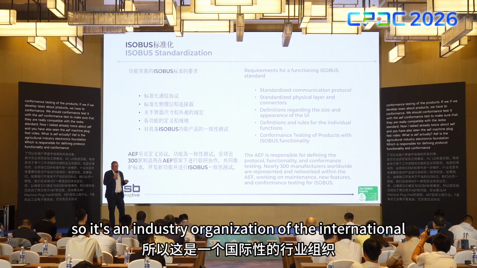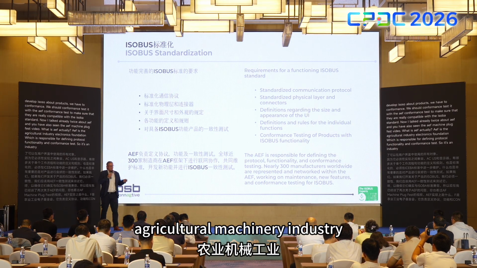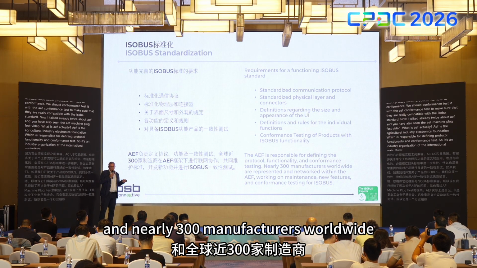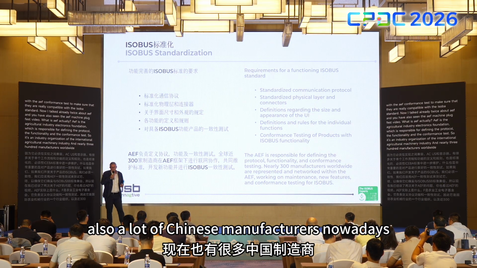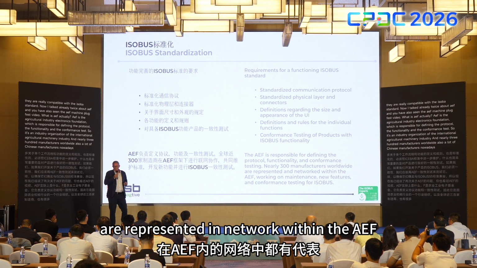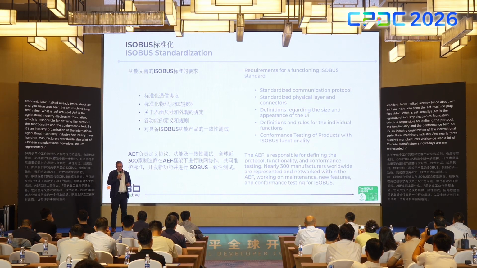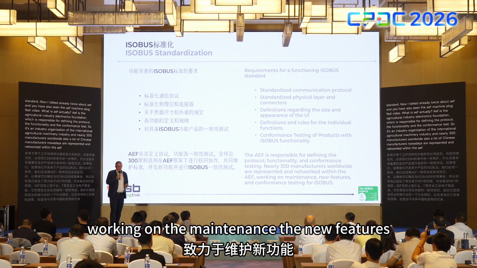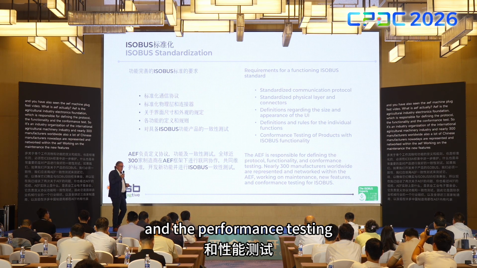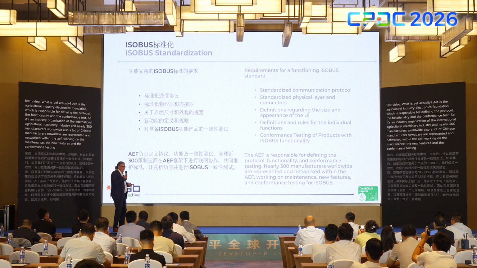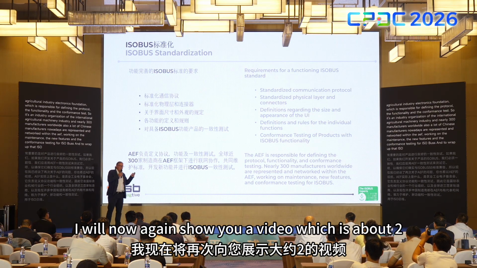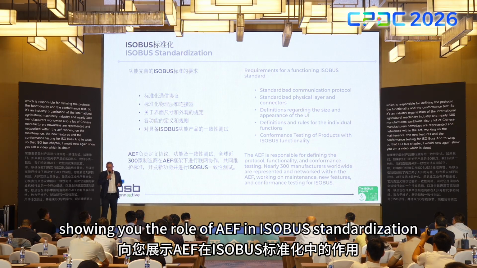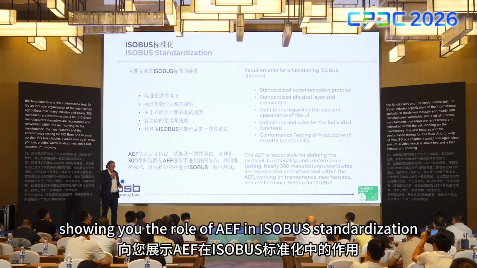It's an industry organization of the international agricultural machinery industry, and nearly 300 manufacturers worldwide, also a lot of Chinese manufacturers nowadays, are represented and networked within the AEF, working on the maintenance, the new features, and the performance testing for ISOBUS. And to wrap up that ISOBUS chapter, I will now again show you a video which is about 2.5 minutes, showing you the role of AEF in ISOBUS standardization.